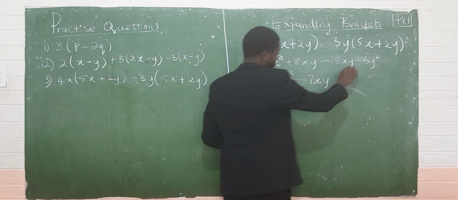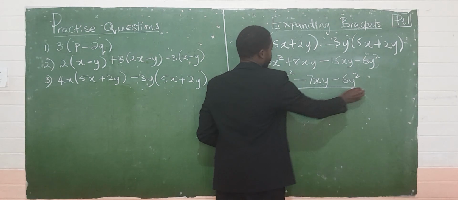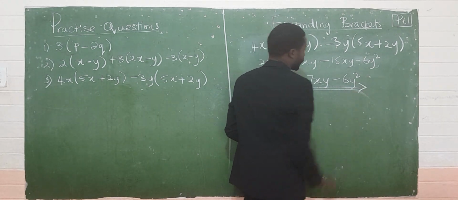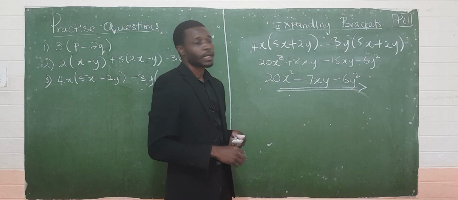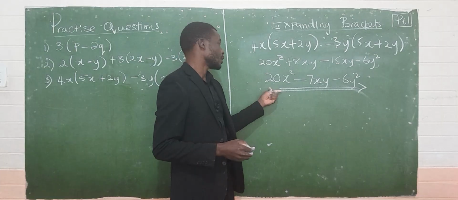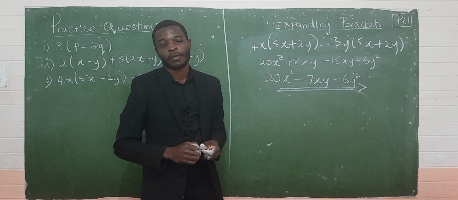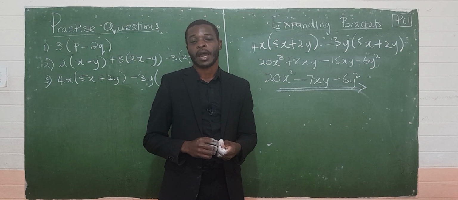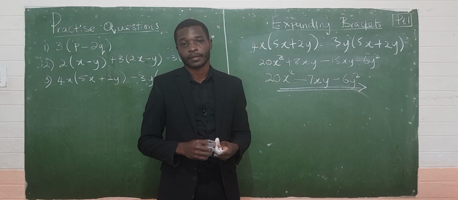And lastly, this one has no term like it. Therefore, we just write down the term as is. And thus, this expression expanded simplifies to this. I hope you have been able to understand how we go about expanding brackets.